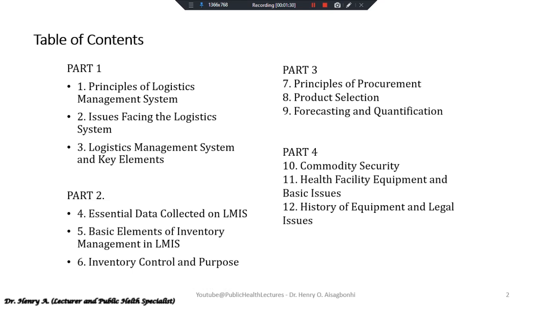We'll also be looking at basic elements of inventory management in the information system, inventory control and purpose. Under part 3, principles of procurement, product selection, forecasting and quantification. Under part 4, commodity security, health facility equipment, and basic issues. We'll also be looking at history of equipment and legal issues.